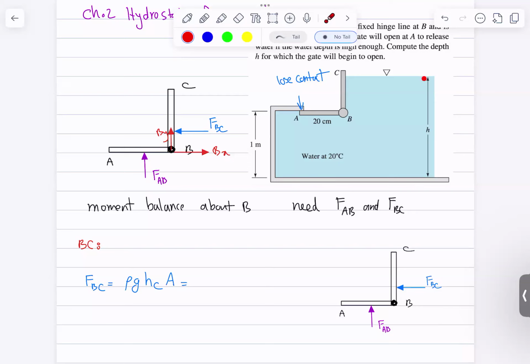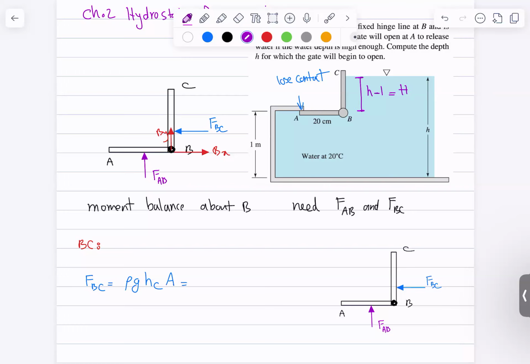I know from the top surface all the way down to the bottom is h, and from B to the bottom is 1. So this part, the submerged part of BC, is h minus 1. Okay, I'm going to call that something like capital H, just to make it a little bit easy for us.